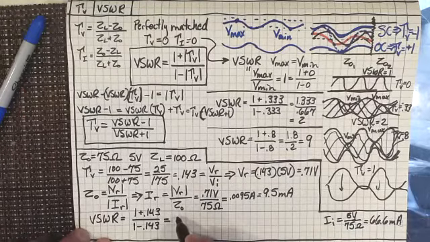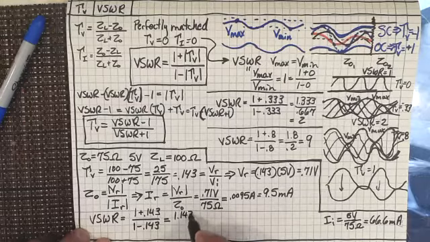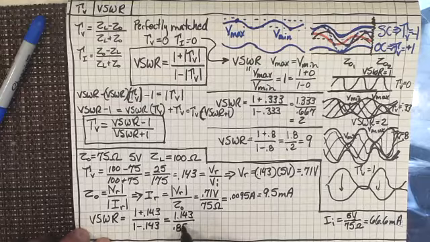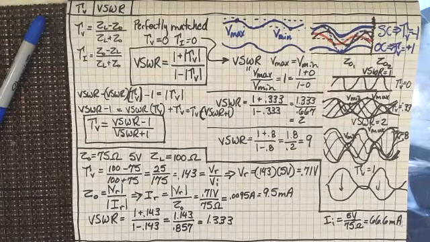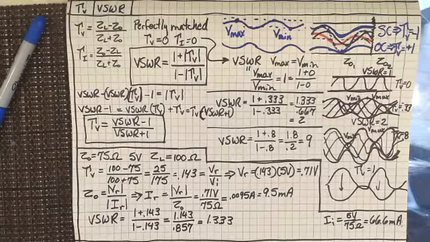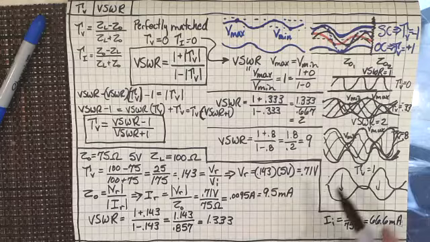Yep, and that gave me 1.143 over 0.857, which turns out to be 1.333. Okay? So I think everybody can see that it's not a perfect match, obviously, but it's not the worst match in the world.